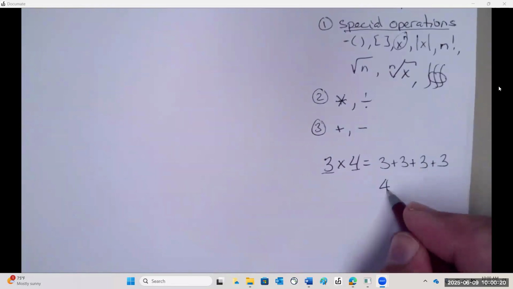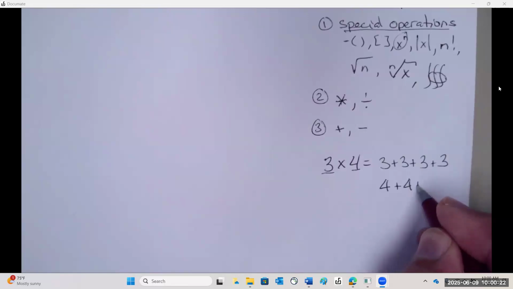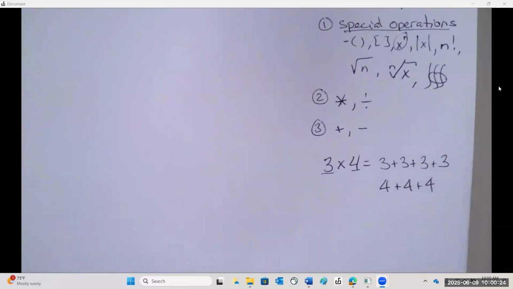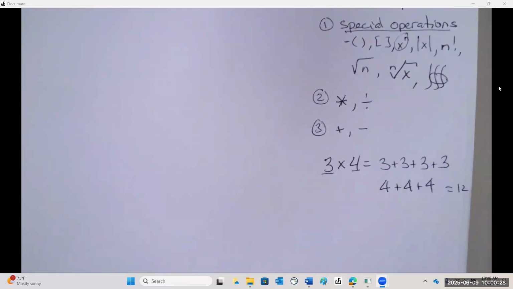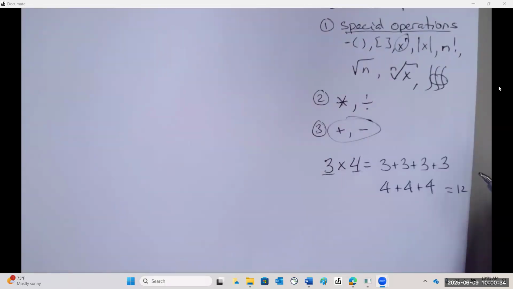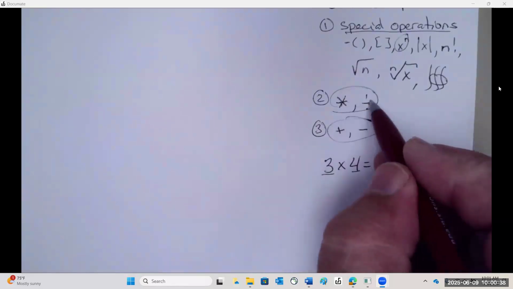Or I could do 4, add it to itself 3 times. They both equal 12. So that's the reason addition and subtraction is the lowest form. Then we go to multiplication and division. And then with these, that's what all these are made up of.